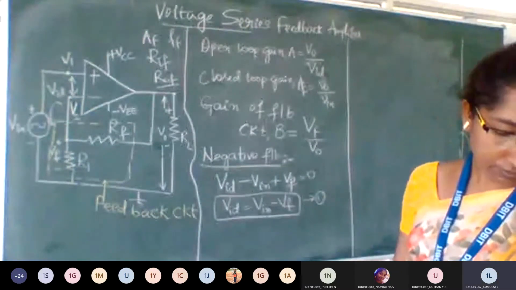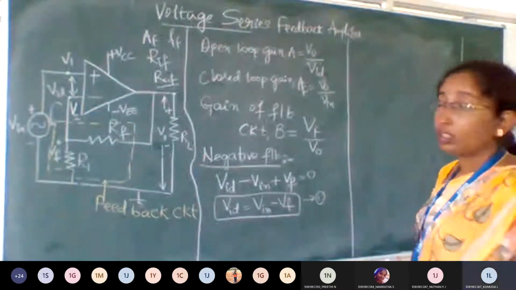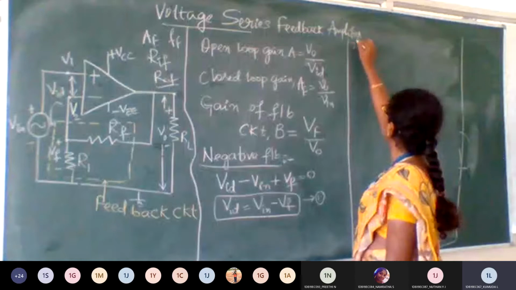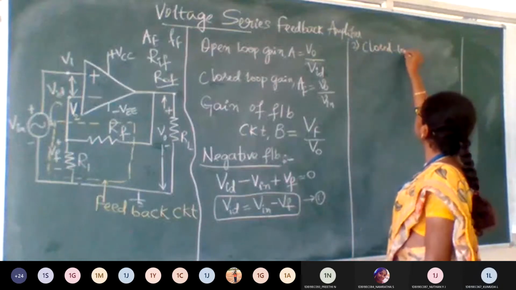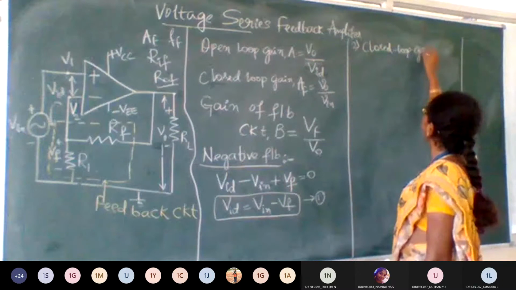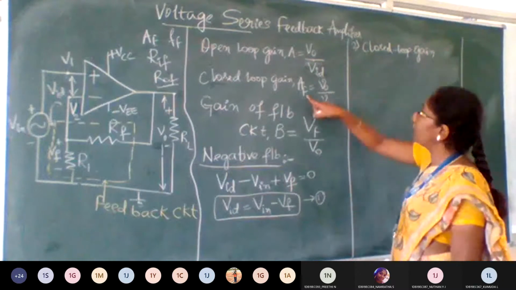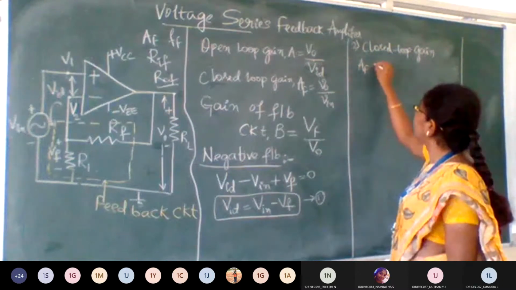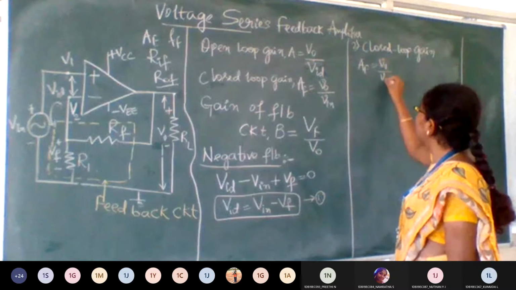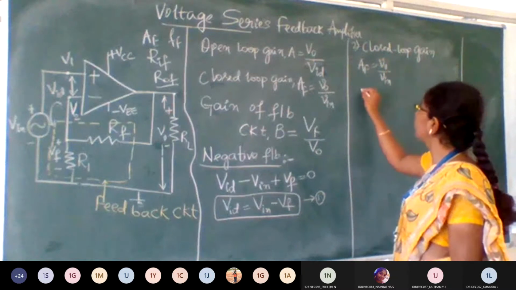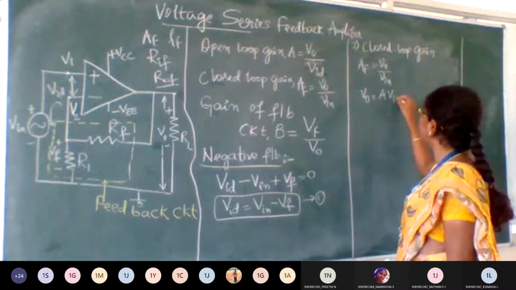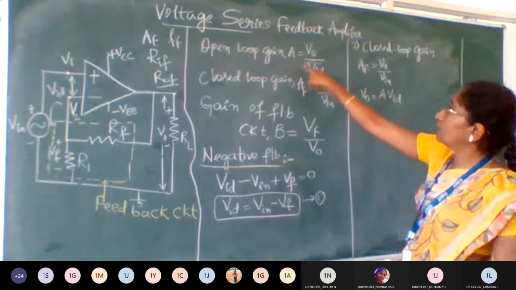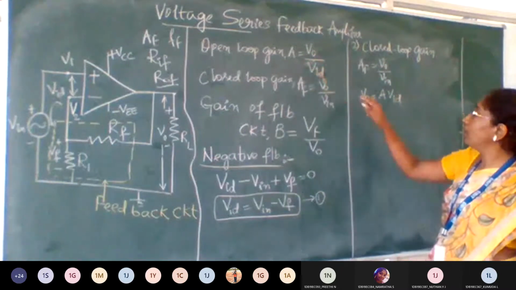Okay. Next we'll go to the second, closed loop gain. So for closed loop gain, we have written AF is V0 by Vin, or V0 is equal to A VID. From this expression, A is V0 by VID.